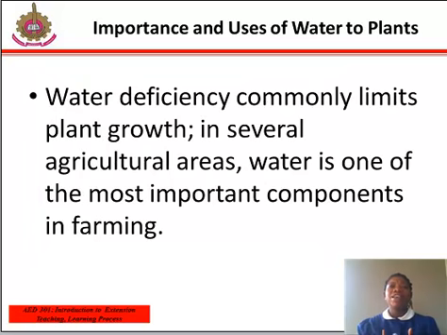Water is one of the most important components in farming. Water is vital to plants because of the several functions it serves in plant growth. Plant cells are largely made up of water; plant tissue is made up of 50% to 90% water, depending upon the type of tissue.